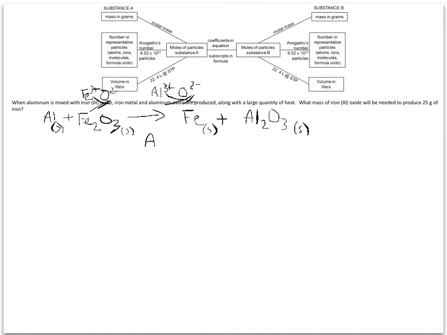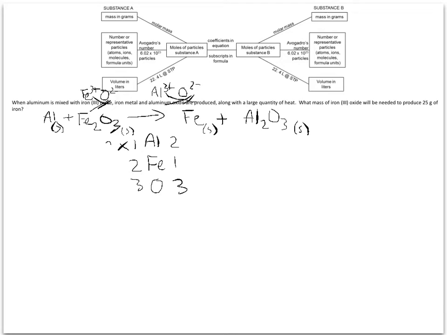So we have aluminum, we have iron, and we have oxygen. Okay, so on the reactant side we have 1 aluminum, and on the product side we have 2. On the iron on the reactant side we have 2, and on the product side we have 1. Oxygen we have 3 and 3. So the only thing that's out of balance is the aluminums and the iron.